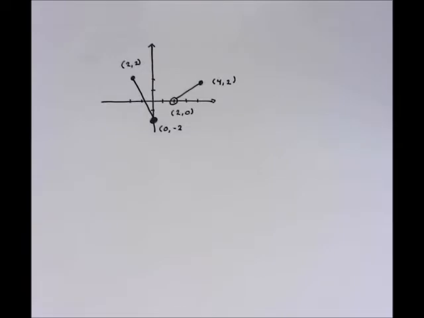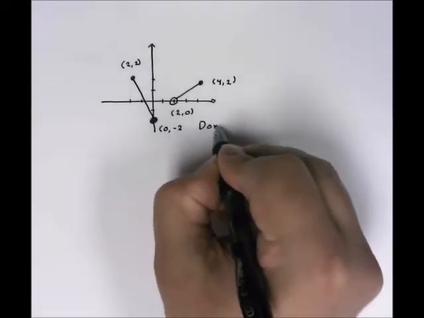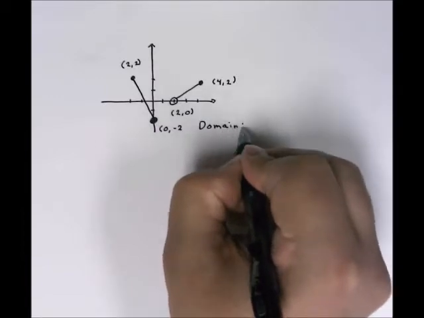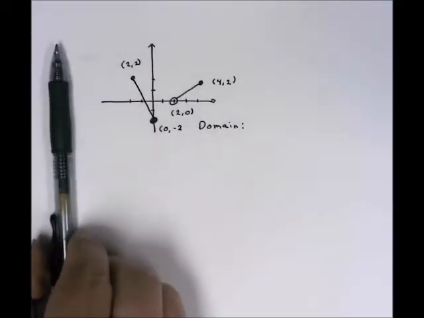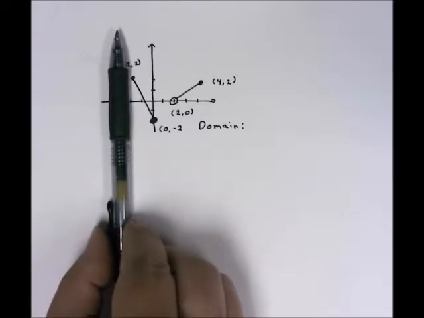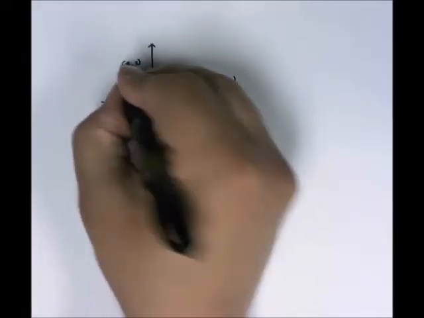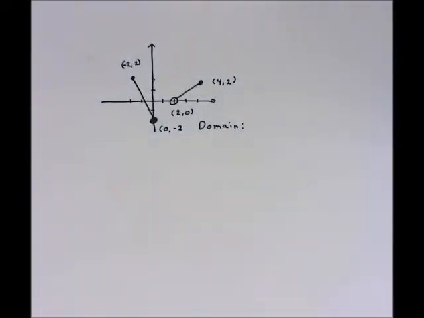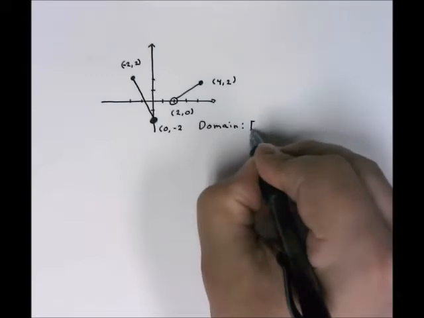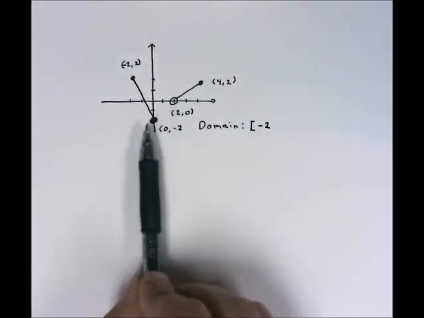Now let's try a difficult one. Okay, looking at the domain of this, as I go from left to right, I'm going to hit the figure here at an x value of -2. And because it's a closed circle, it's going to get a closed bracket. Now the problem here is there's a gap in here.